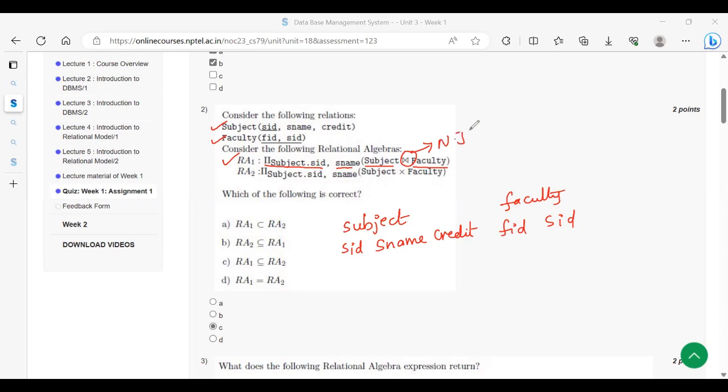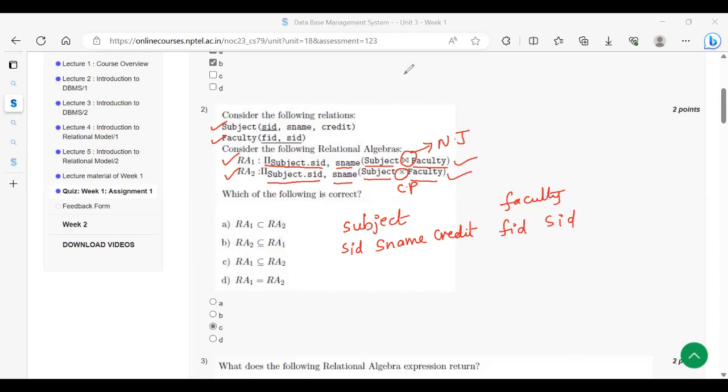In the second one, pi subject.SID, SName, subject faculty, this is called a cross join, also called a cross product. They are going to ask what the natural join and the cross join between subject and faculty are.